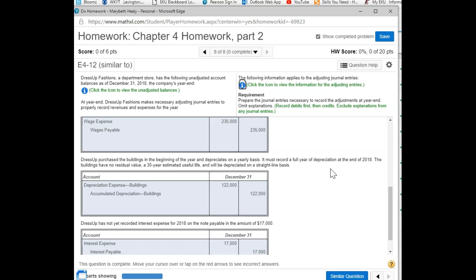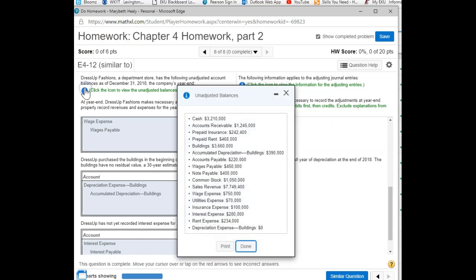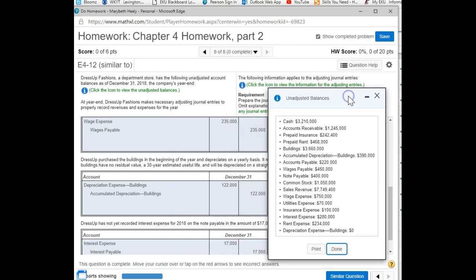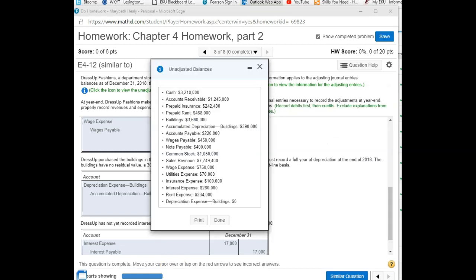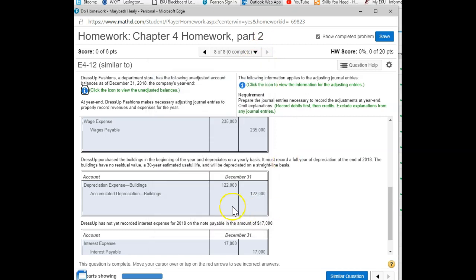All right, so let's take a look at the unadjusted balances, and we'll see that our buildings is at $366,000. We're simply going to take that amount and divide by 30, and that'll give us 1 year of depreciation expense. And then we're going to go ahead and debit that. It's $122,000, and we're going to credit the accumulated depreciation account for the same amount.